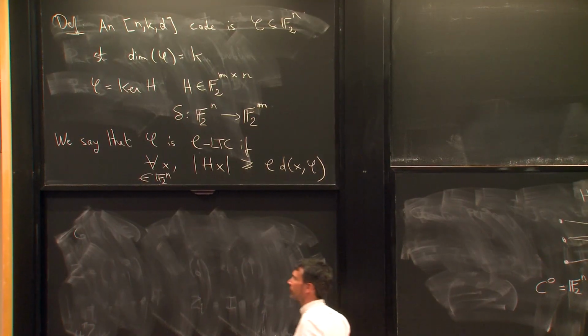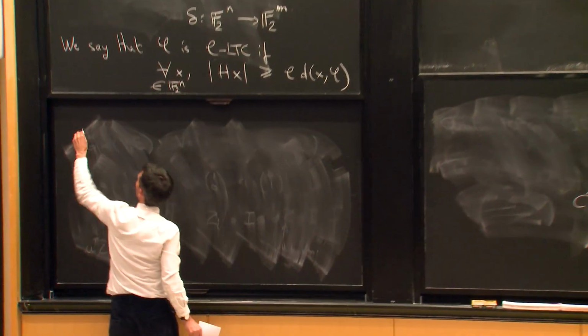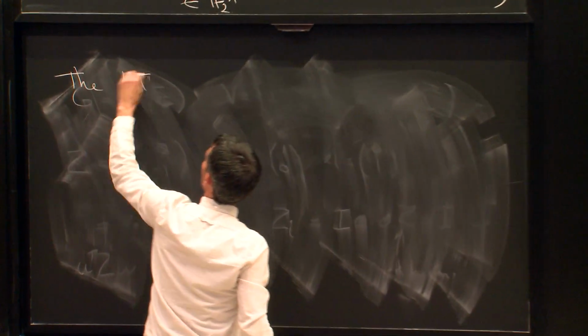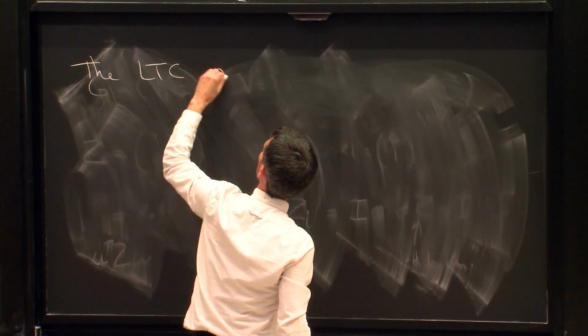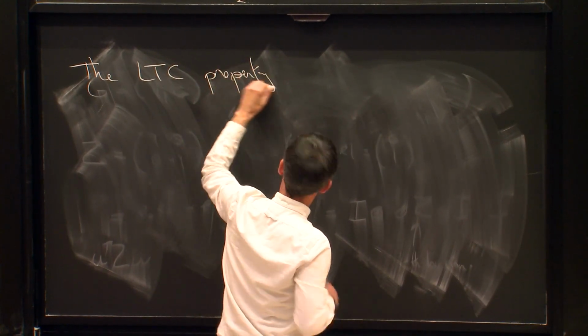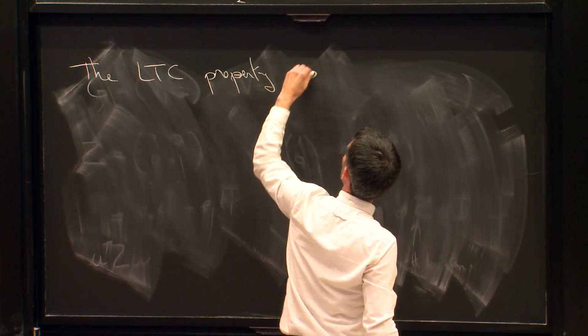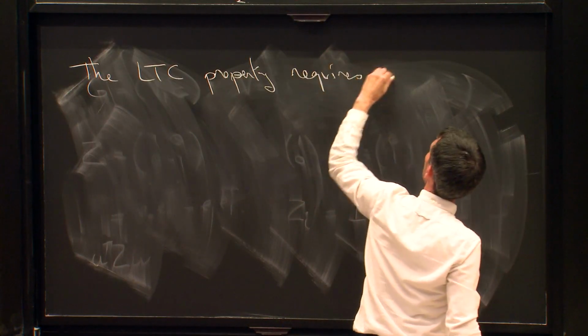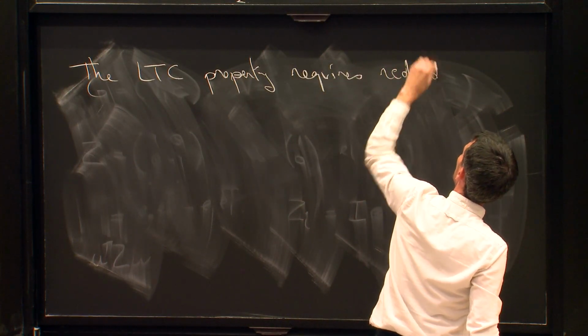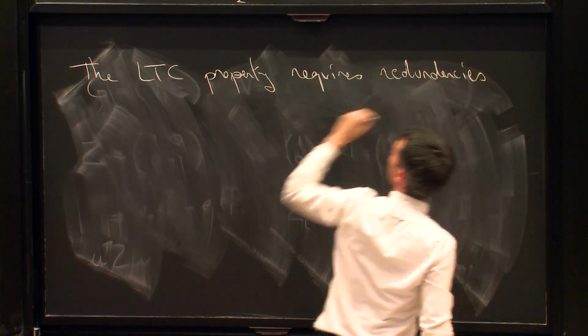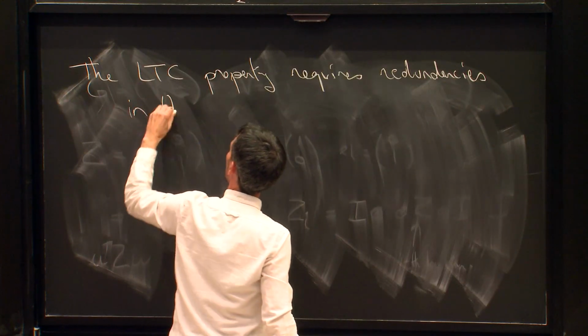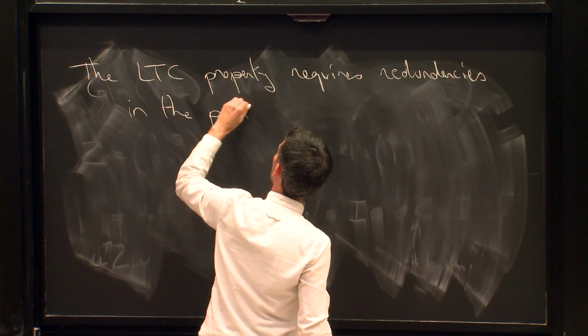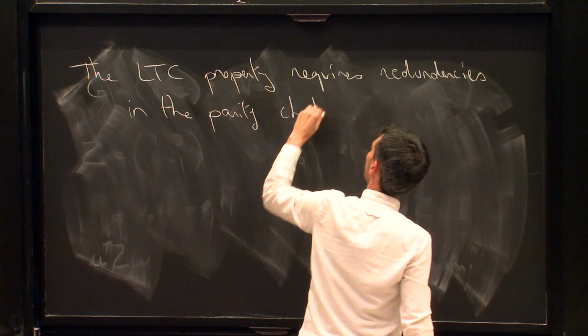So if we think about how you would prove this, let me make a statement. The locally testable property requires redundancies in the parity checks. What do I mean by this? Imagine that my parity checks were all linearly independent.